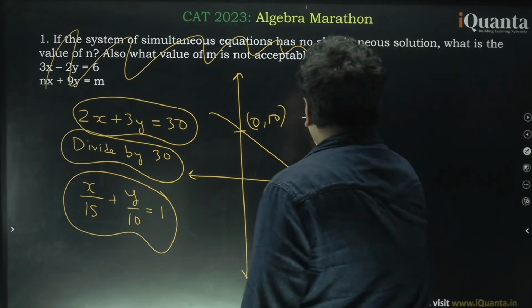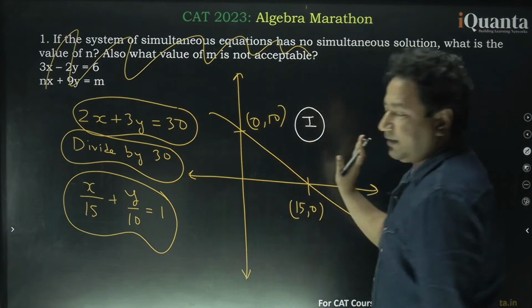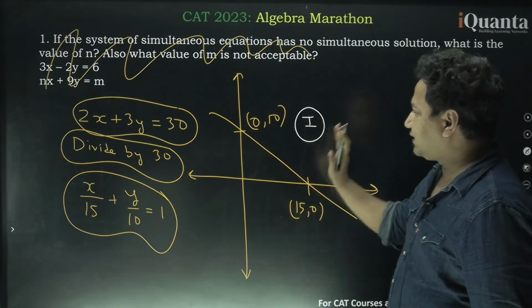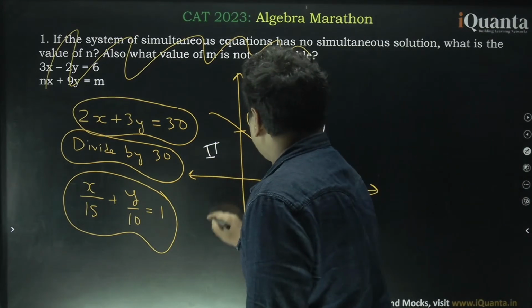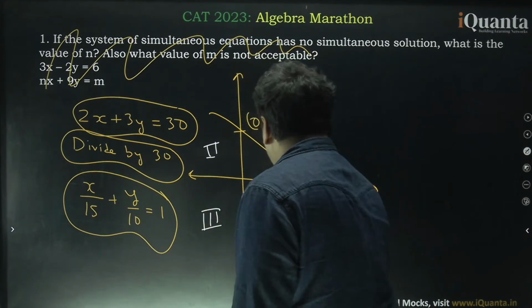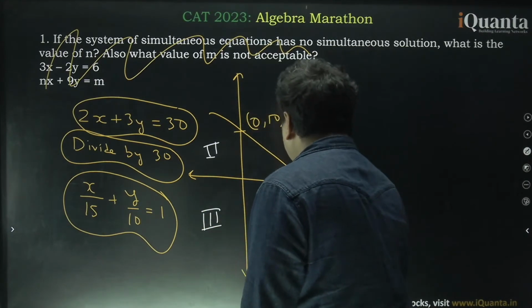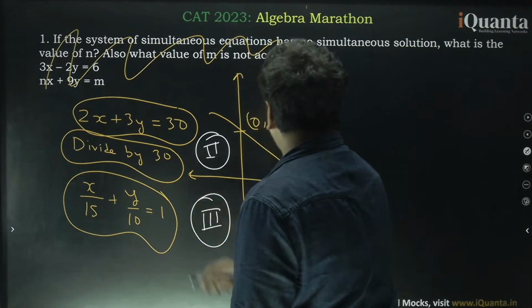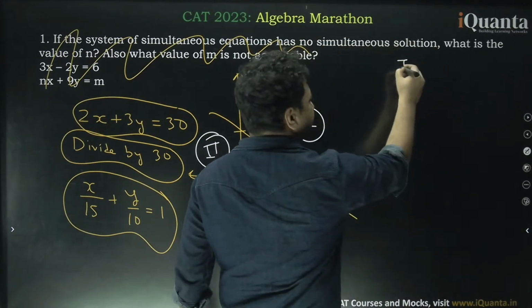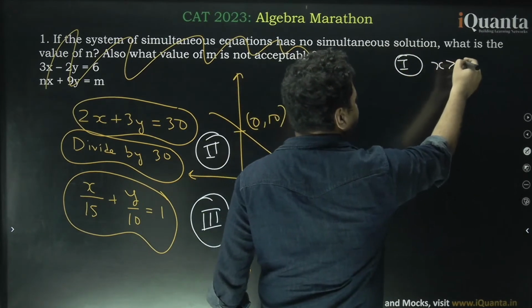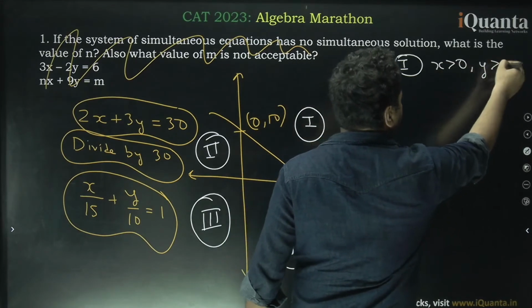This one is the first quadrant, right? In a graph we have 4 different quadrants. First quadrant, second quadrant, third quadrant, and fourth quadrant. How do we define different quadrants? In the first quadrant, x and y both are positive.